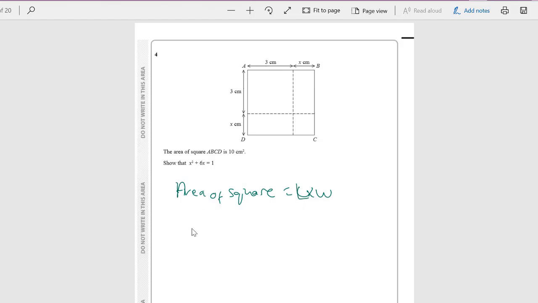We have 3 plus x, which is AB, and the same thing here, 3 plus x. So times those together.